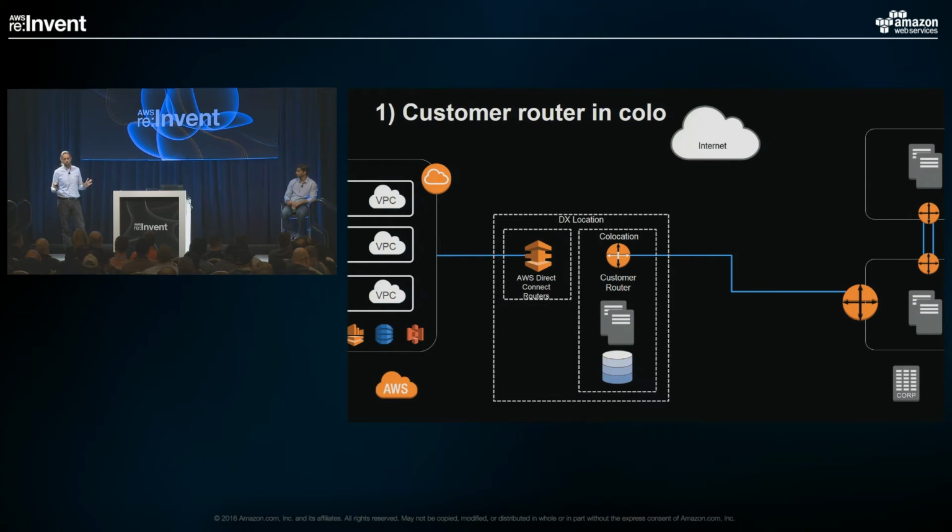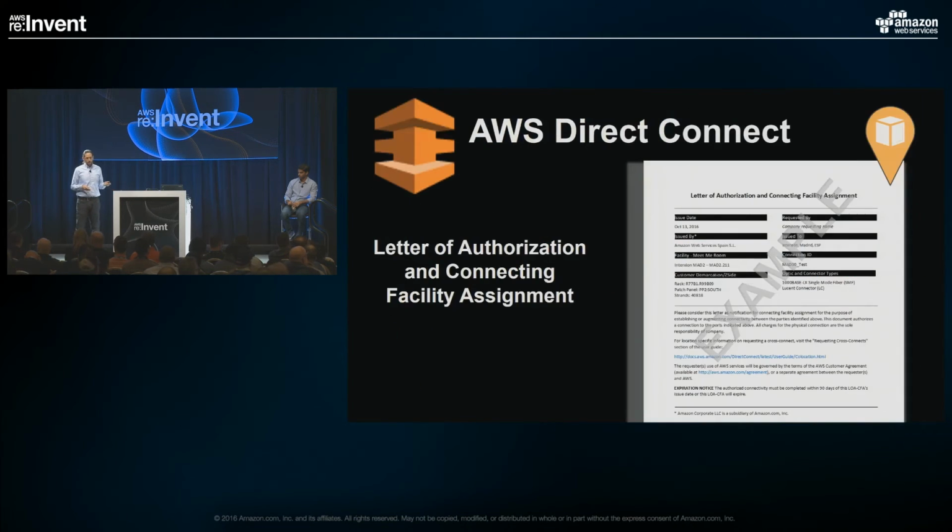And that's it. Those are the questions that you will be asked. And that triggers a process that could take up to 72 hours, but typically takes much, much less, at the end of which you receive an LOA, a letter of authorization. This LOA means that we have allocated a port solely for you on our routers, and you are now authorized to connect to that port whenever you're ready.